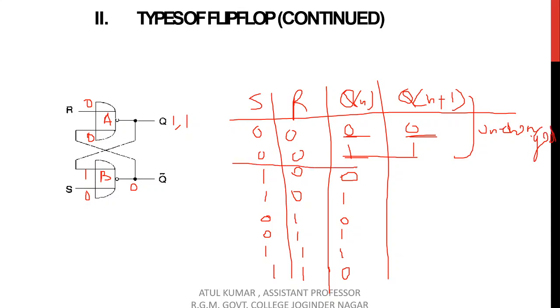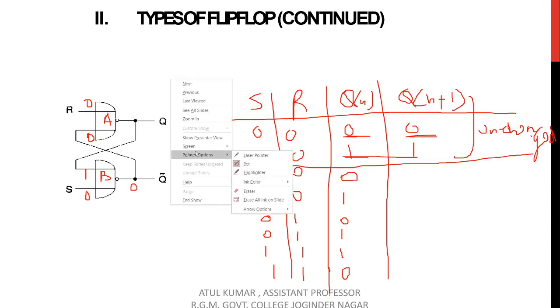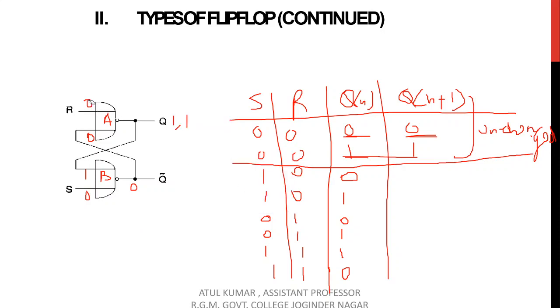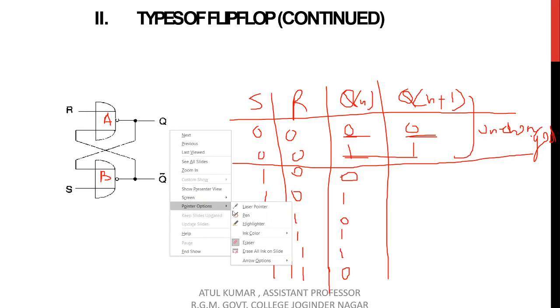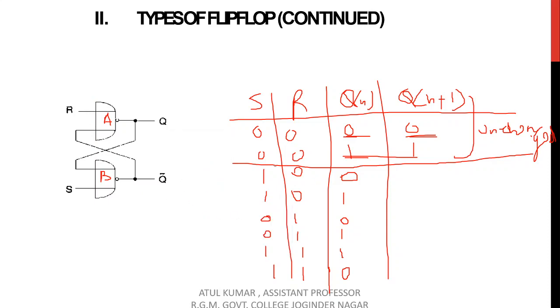Now let us see for the next input values. In the next input value we have S is equal to 1 and R is equal to 0, and suppose the previous state output is 0.